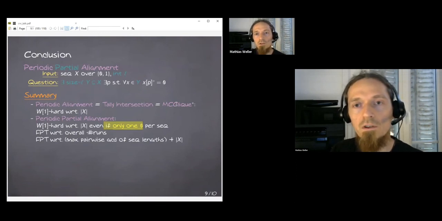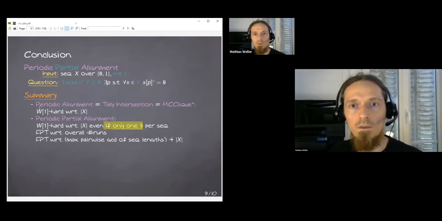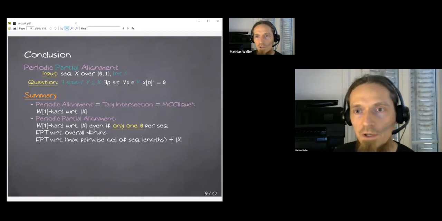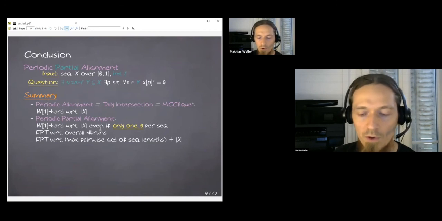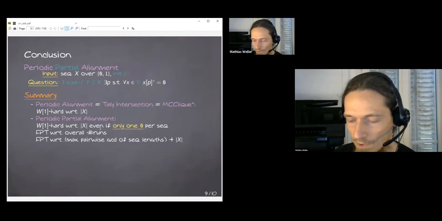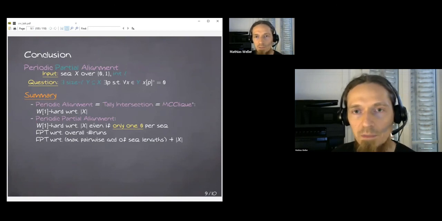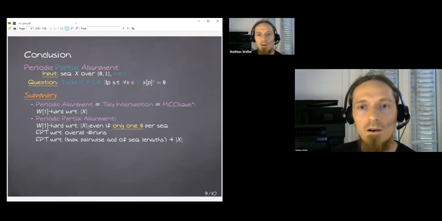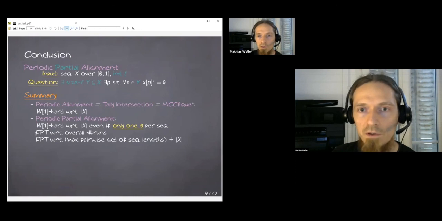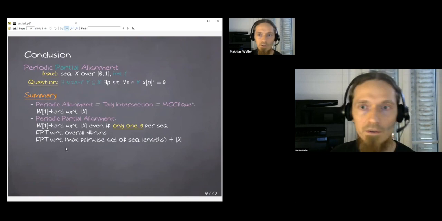Notice that originally, the periodic alignment problem is easy under this condition, because remember the reduction to clique, in that case, you would have only one node per partition, and then multicolored clique becomes easy. Okay, however, our positive results also hold for this partial variant.